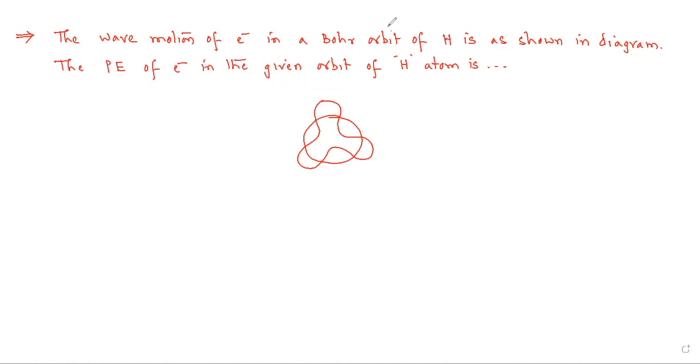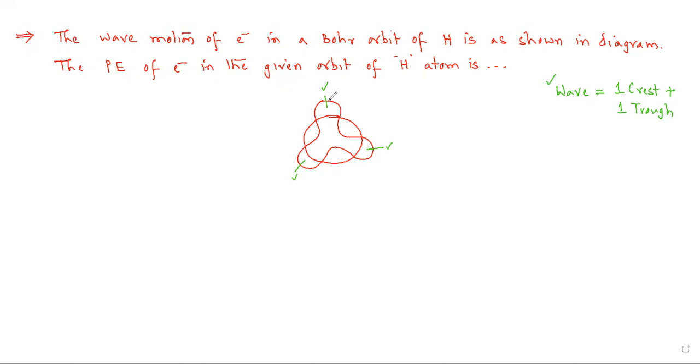See, there is an interesting point in this. Considering what a wave is, I told you that a wave is nothing but one crest and one trough. Check out the number of waves that it has. Starting from this, let us suppose, up to this, it is one wave. And starting from this, up to this, it is the second wave. Starting from this, up to this, it is the third wave.